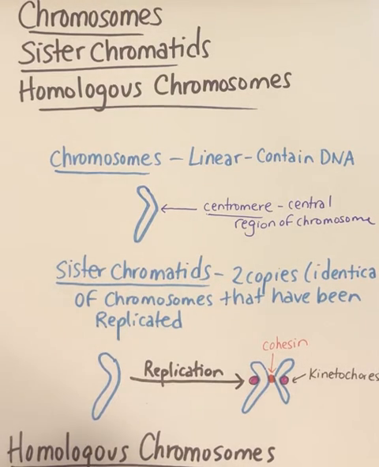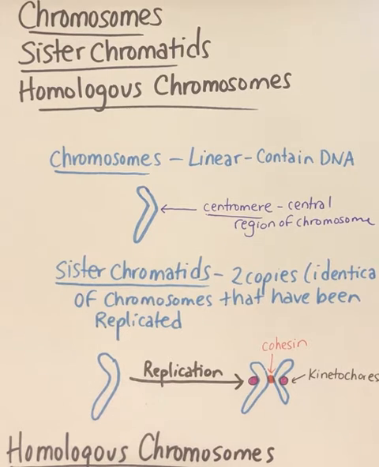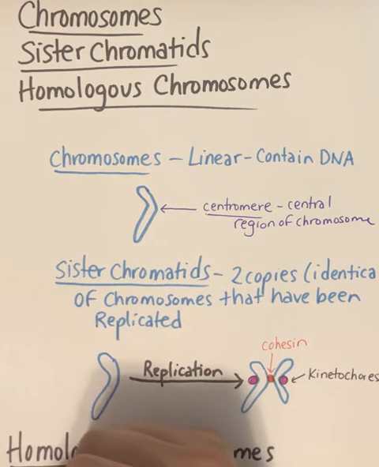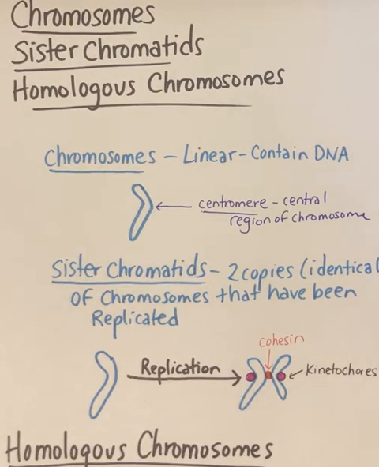You can also have sister chromatids that look like a set from your dad, but instead, these are going to pair up. So you have one set from mom, and you have one set from dad. All chromosomes like to pair up.